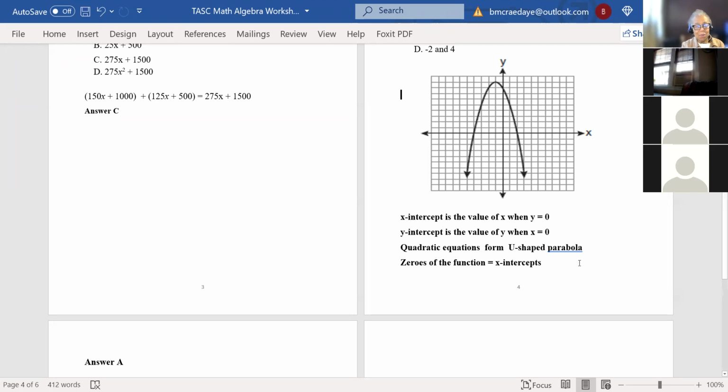In other words, if we wrote this, we would have 0, comma, 8. X is 0, Y is 8. That means we are on the Y line.